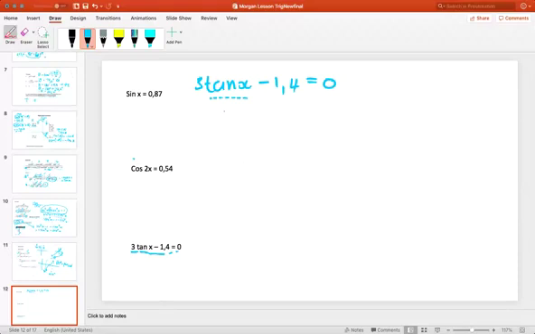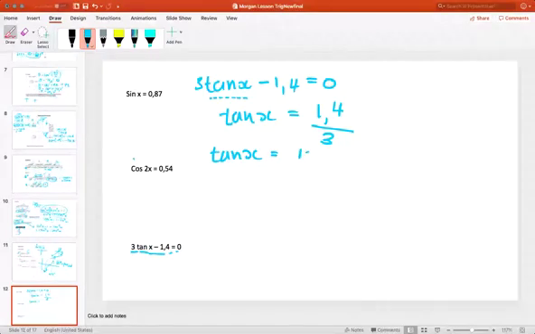So the first thing we're going to do is we're going to say tan x is equal to, get the negative out of the way, we'll have to add it to that side, and then we would have to divide by 3. So tan x, in this example, we'll simply say 1.4 divided by 3, and we get quite a long decimal place. So you might want to leave it as a fraction, 1.4 over 3.